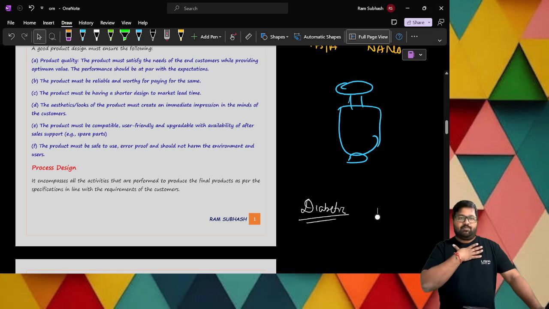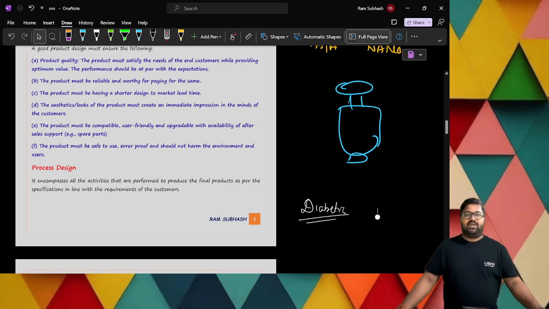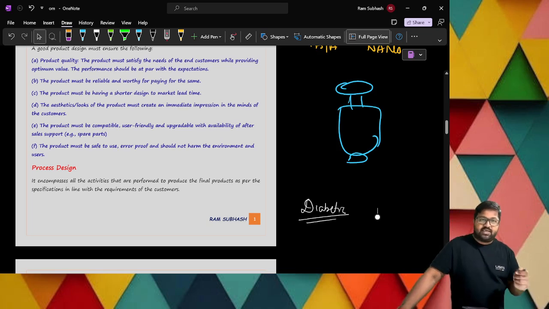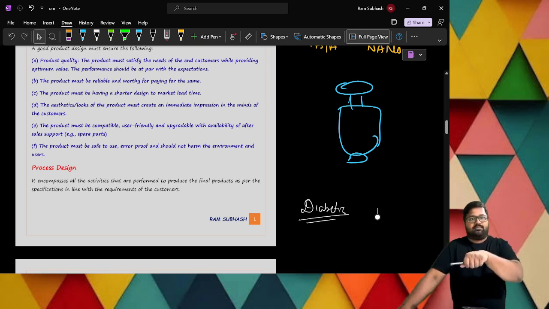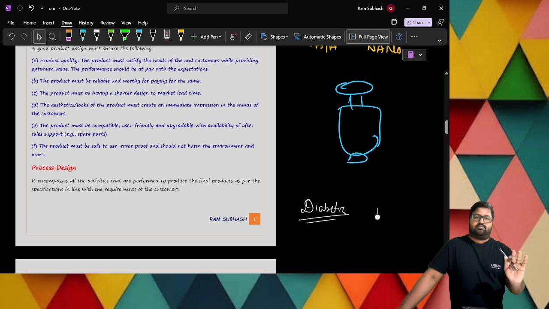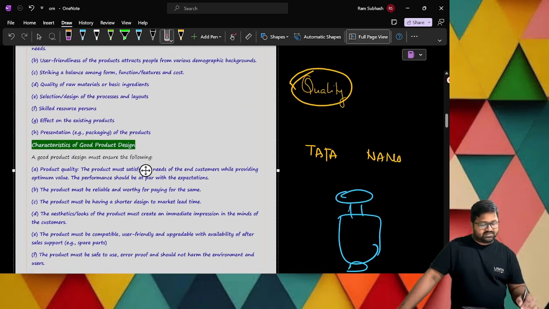It should prevent my problems, not cause new problems. During the corona wave, we took some tablets. They reduced the corona effect but also caused some harm. That is not good. The product should be such that it does not cause harm. These are the characteristics of good product design.